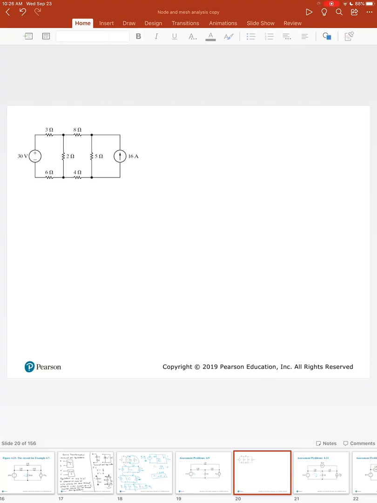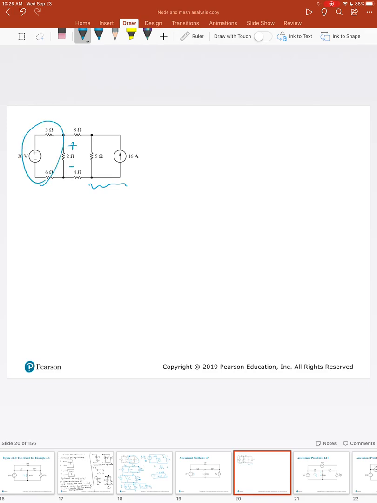Now you might be saying, well, look, why did you start out with your simplification by working on this current source in parallel with the 5 ohm resistor? Why didn't you come over here where you had a voltage source in series and instead start there?